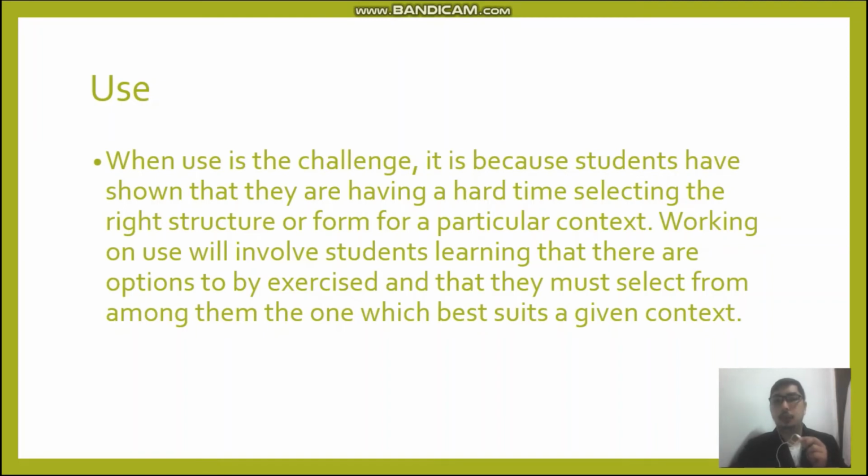There is an issue on which structure should I use in this particular situation, in this particular speaking engagement. Working on use will involve students learning that there are options to be exercised and that they must select from among them the one which best suits a given context.